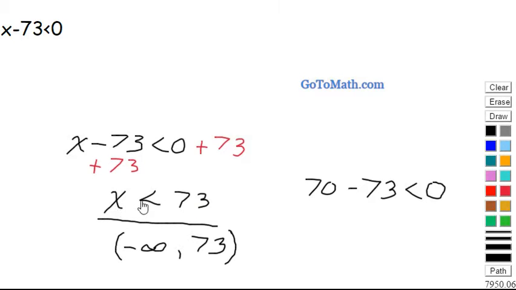This just says x is less than 73. Okay, interval notation here. I think I got one or two problems that ask for this, but probably need to do more than that.